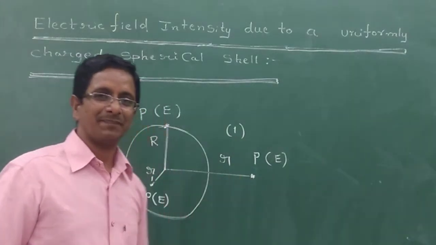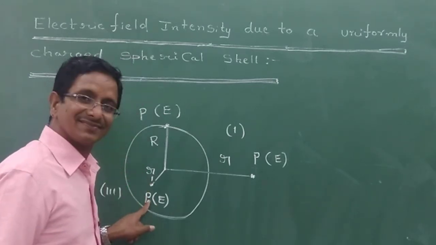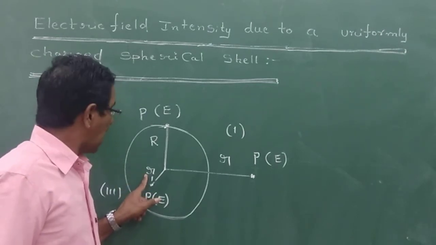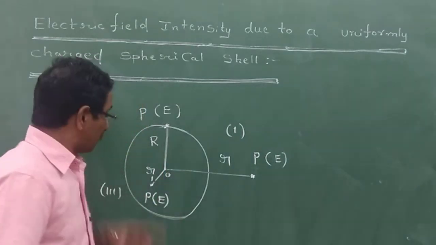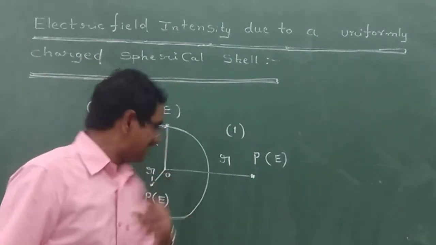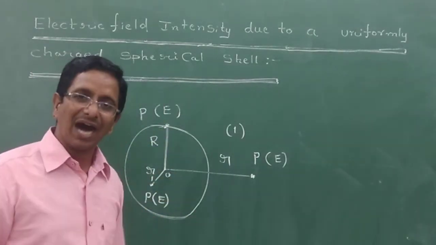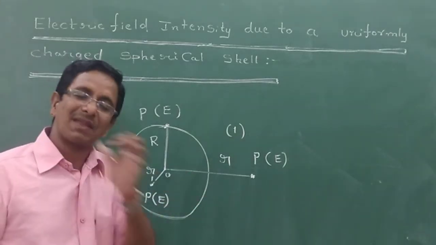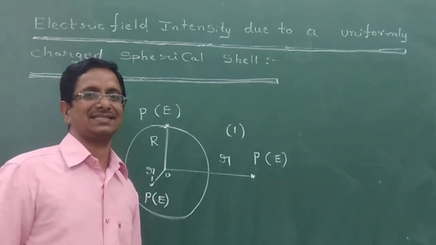Point number 3: our aim is to find the field at a point P at a distance R1 from the center O, which is inside the spherical shell. That is case number 3. These 3 cases we are going to prove from this concept. Then our concept will be over. Okay?